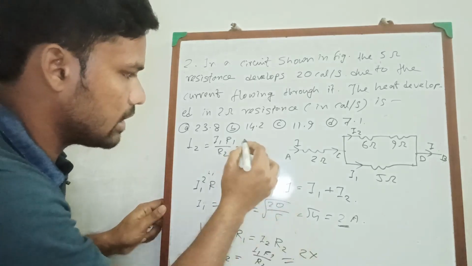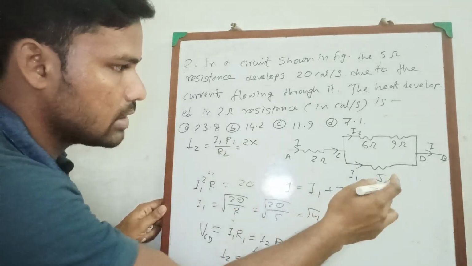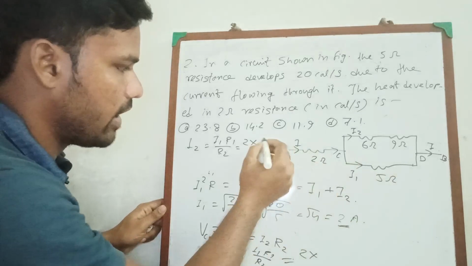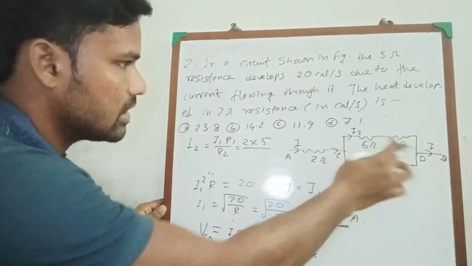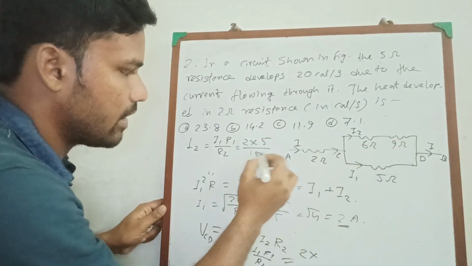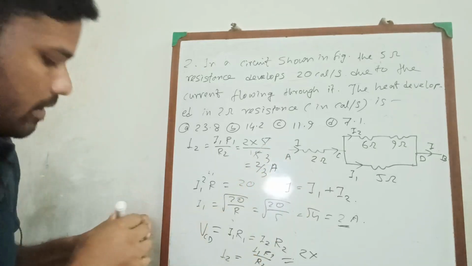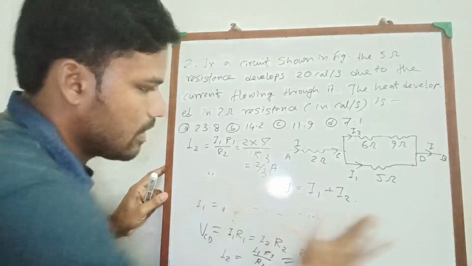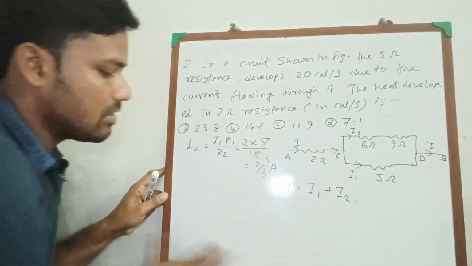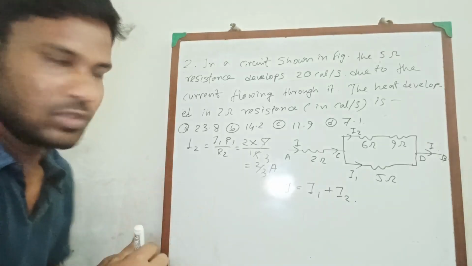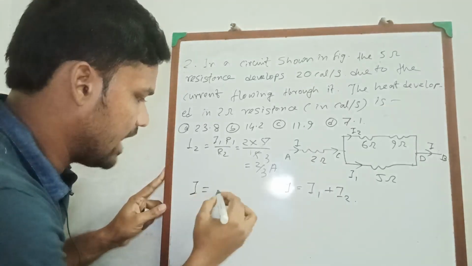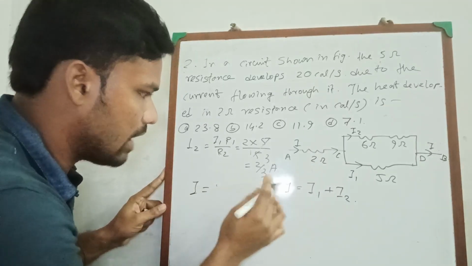I2 is 2 into R1, that is 5, divided by R2, that is 6 plus 9, that is 15. That is 2 by 3 ampere, right? Okay, so we got I1 and I2. So we must say I equals I1 plus I2 here.